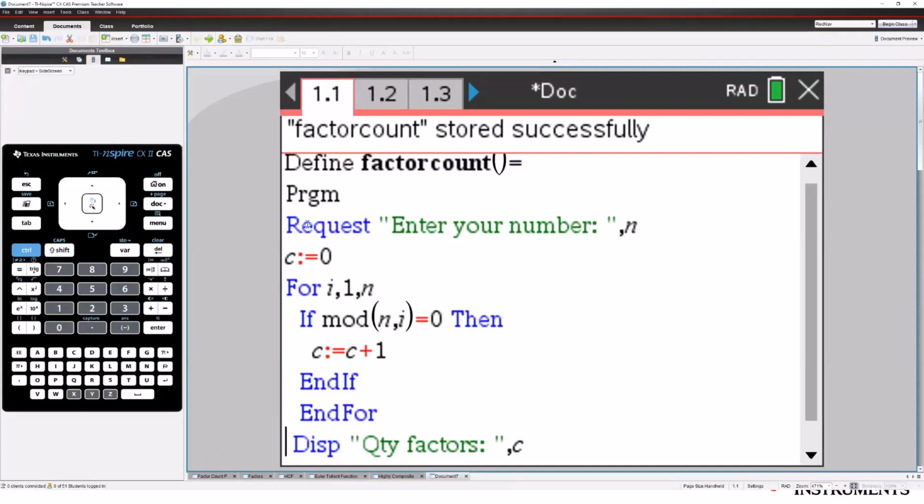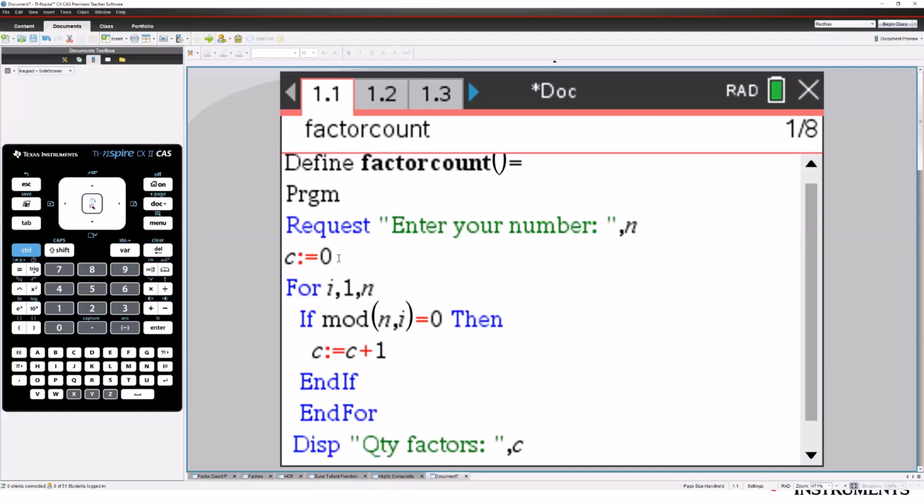So we're using the words that are specific to the actual coding language, such as request. In another language, such as Python, which we'll see in a minute, it uses input. So input, enter your number, comma n. That's all syntax stuff. Again, specific to the language and not required for pseudocode.